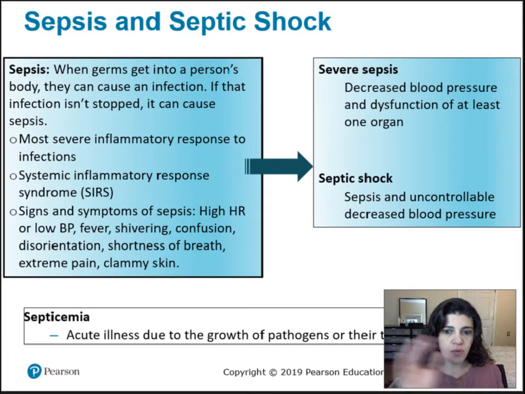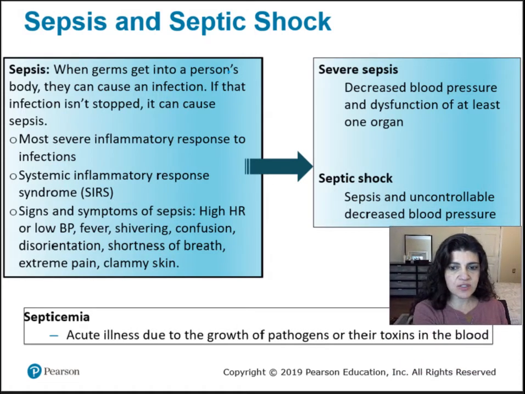Alright, so now we're going to talk about sepsis. What is sepsis? I'm going to read here so it's really clear for everybody. Sepsis is when germs get into a person's body and cause an infection, right? So that's the initial thing. If that infection is not stopped, then you have sepsis. Why?